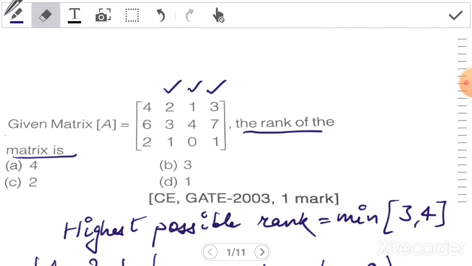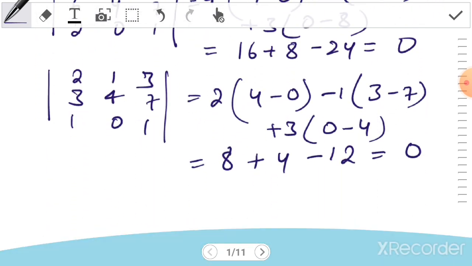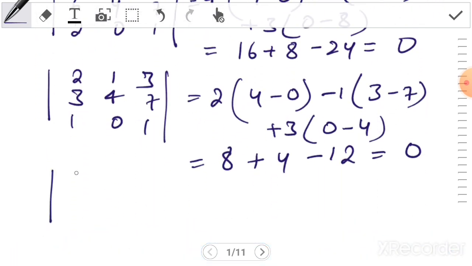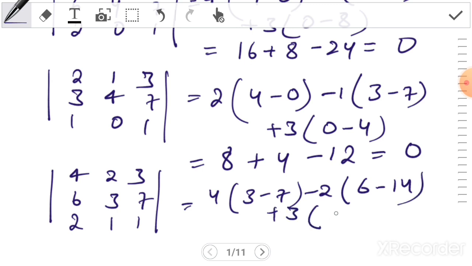Now let's take this column and this column. 4, 2, 3, 6, 3, 7, 2, 1, 1. 3 minus 7 minus 2, 6 minus 14 plus 3, 6 minus 6.